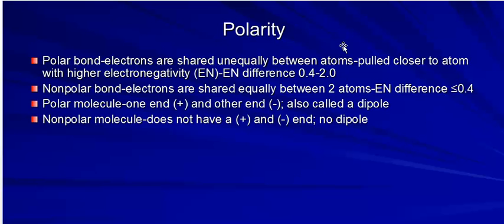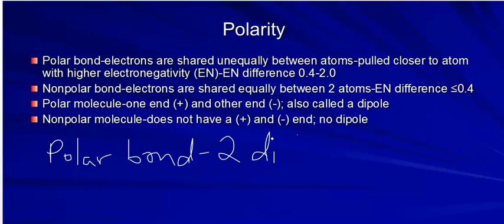Okay, the last big topic on molecular shapes is polarity. Polar bonds are where electrons are shared unequally. And we've kind of went over this before with polar bonds. If it's a polar bond, that means you have 2 different nonmetals bonded together. That's what gives rise to a polar bond.